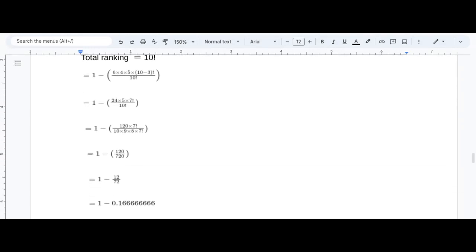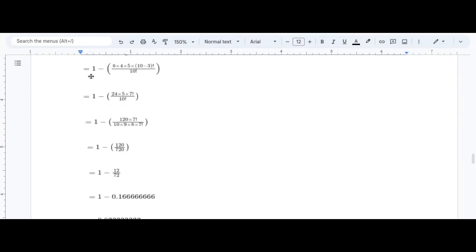So we put that into the equation, which gives 1 minus 6 times 4 times 5 times parentheses 10 minus 3 factorial over 10 factorial. And that leaves us with 1 minus 24 times 5 times 7 factorial over 10 factorial.